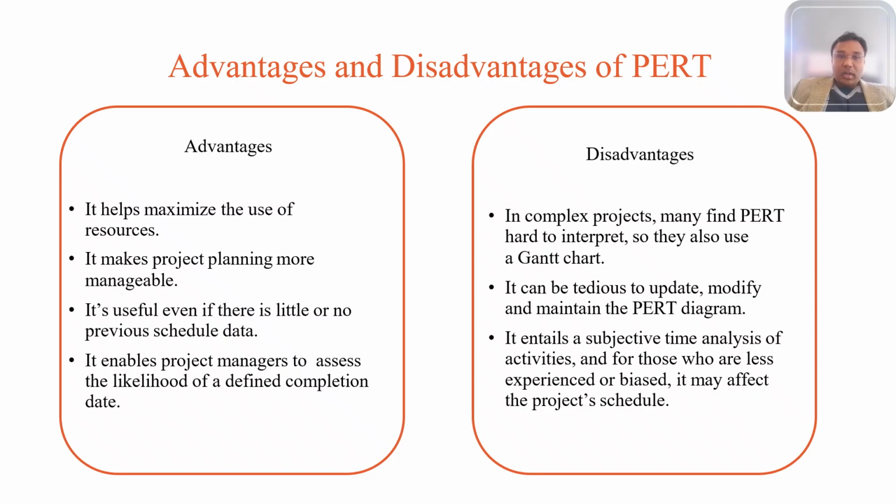Some of the disadvantages are that it can be harder to interpret for complex projects, so many managers will still use a Gantt chart alongside, and PERT can be tedious to update, and subjective estimates can introduce bias. So while PERT is powerful, it is not a silver bullet to address your complex problem. It works best in projects where uncertainty is high and you need a probabilistic schedule.